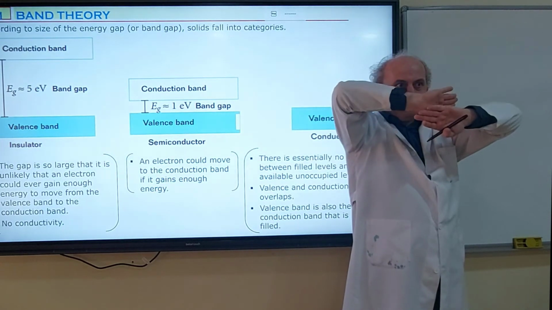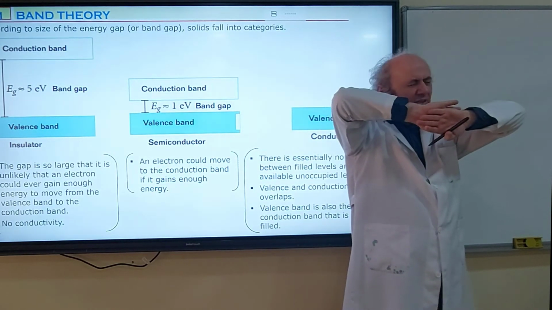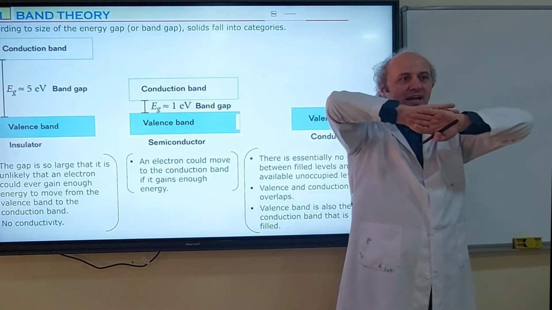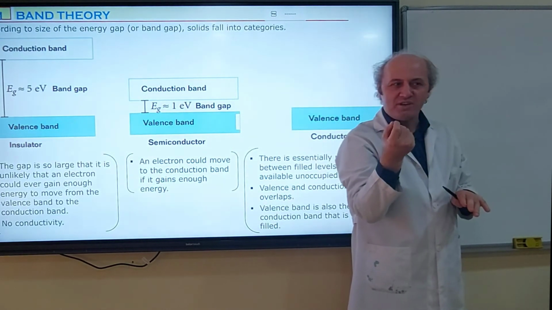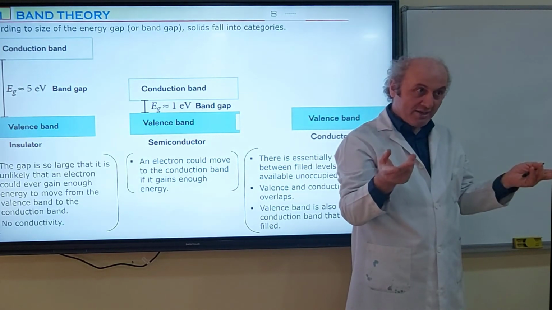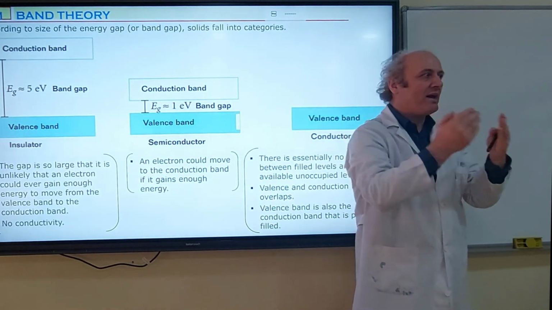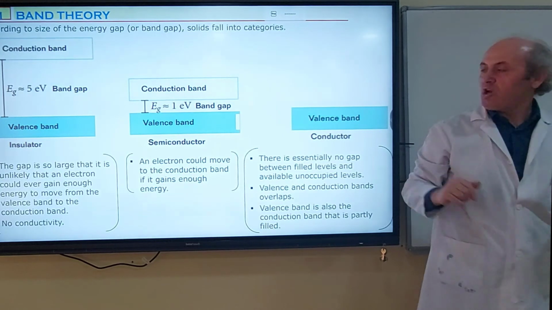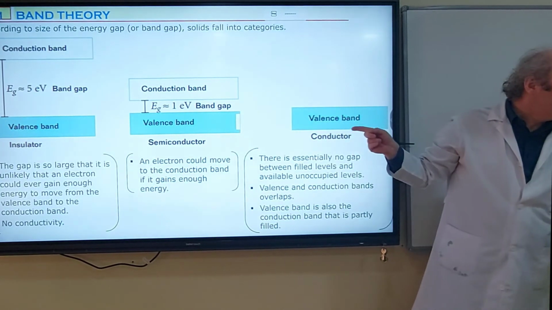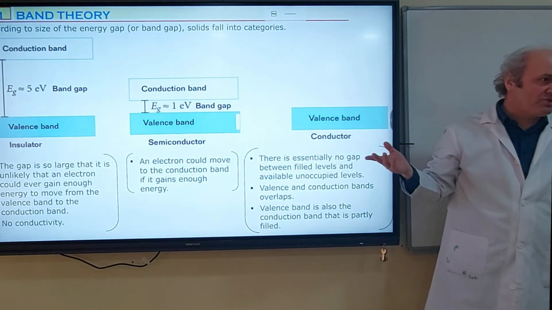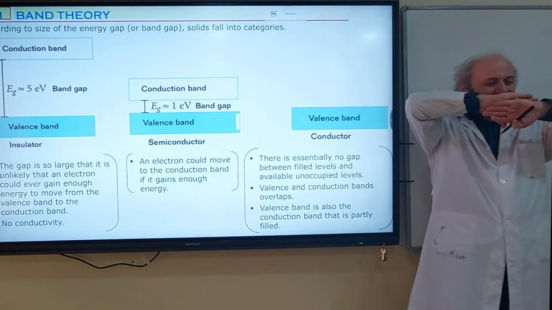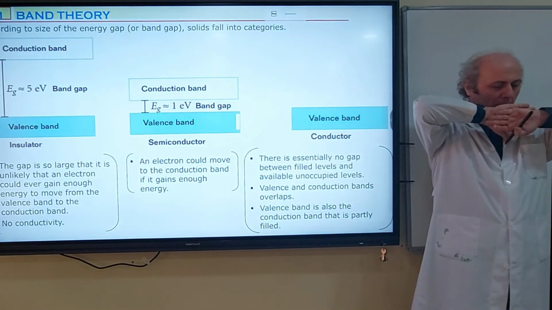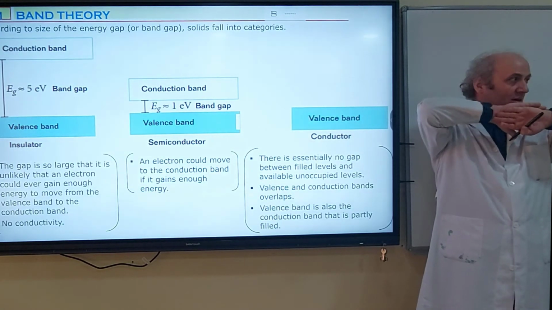But for conductors, sorry, they coincide, side by side. What does that mean? A very small electric field, meaning a battery, can provide that small energy to these electrons, making them jump from the valence band to the conduction band, and conductivity starts.